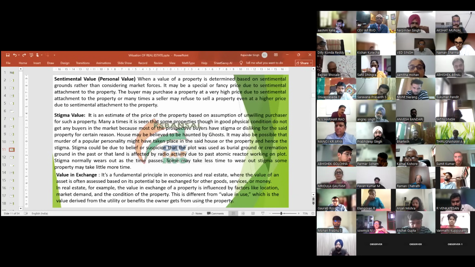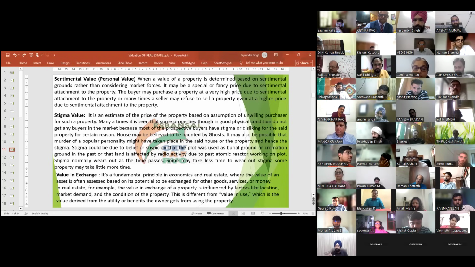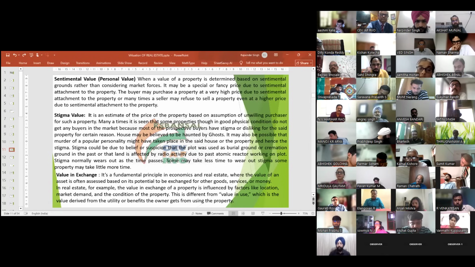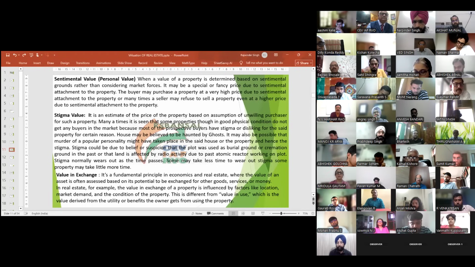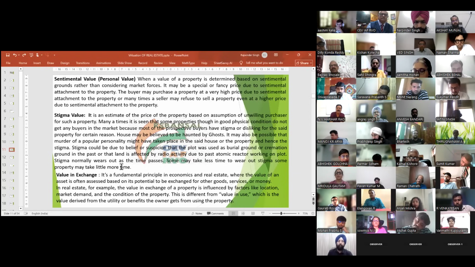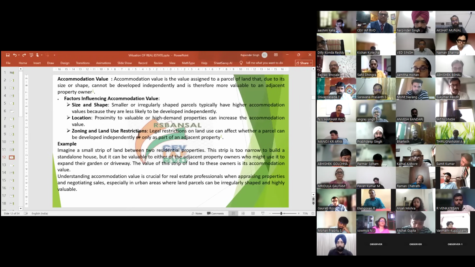This building has been constructed over a plot which was earlier a cremation ground. So that land has some stigma attached to it. Because of it, there will be a lesser number of buyers for such a property. And of course, the value of that asset because of its stigma will come down. So we will use this value in exchange in the coming example slides.